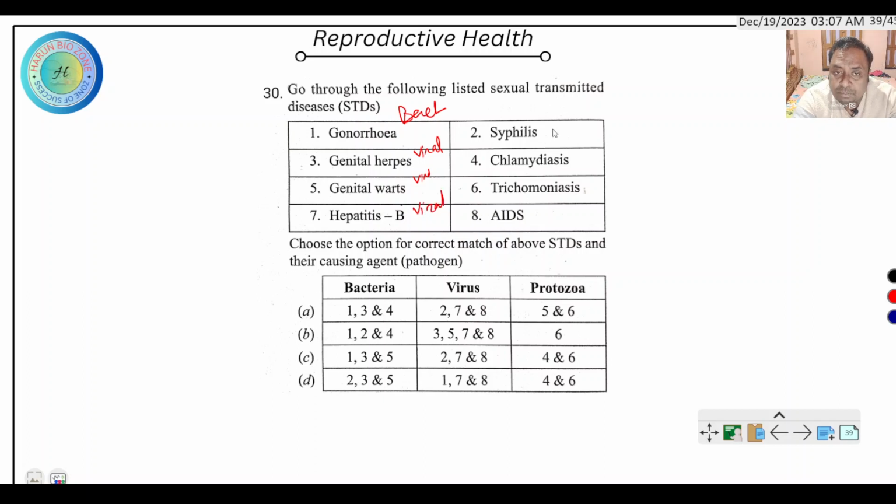Syphilis, Treponema pallidum, protozoal disease. Chlamydiasis is also protozoal. Trichomoniasis, Trichomonas vaginalis, is also a protozoal disease.